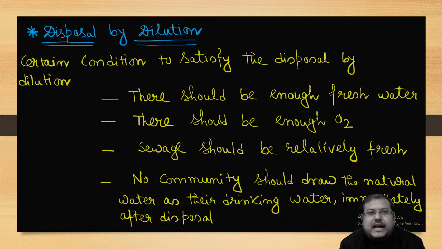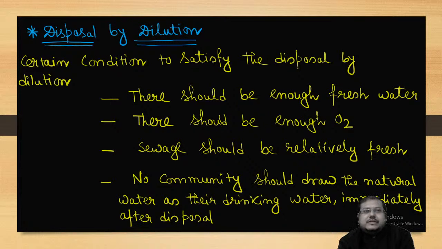Now, the disposal by dilution is satisfied when certain conditions will be there. There should be enough fresh water, there should be enough oxygen, sewage should be relatively fresh. Why is enough fresh water required? Otherwise, the natural water body quality will be destroyed.